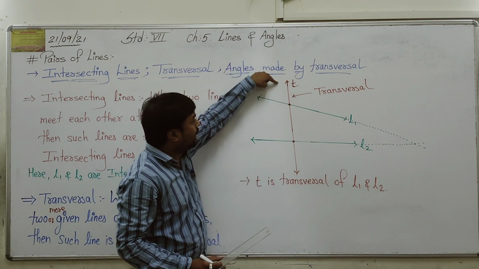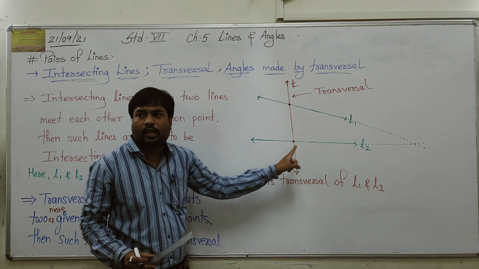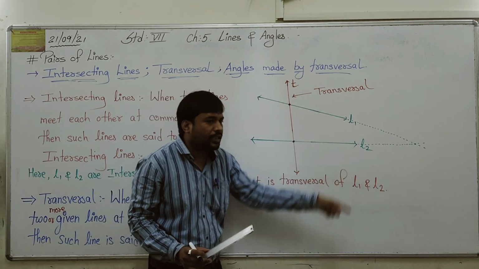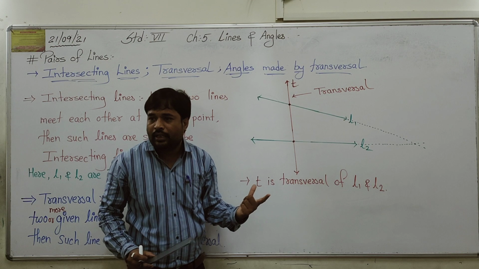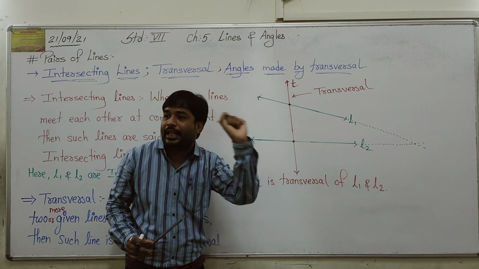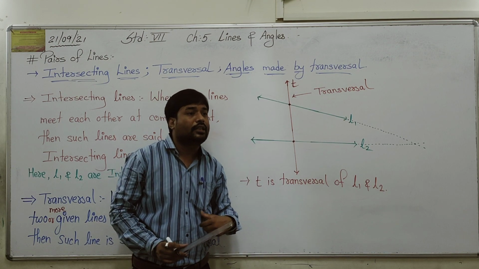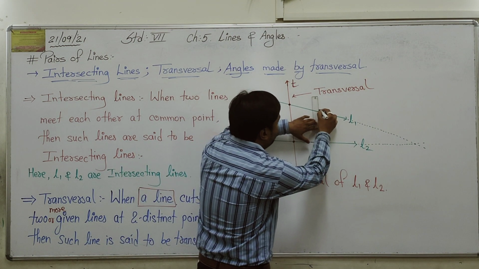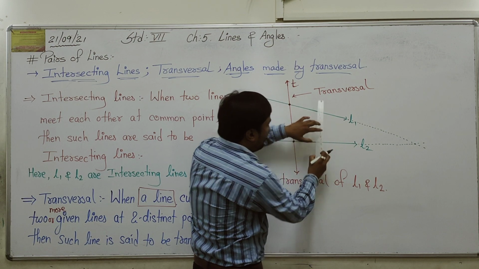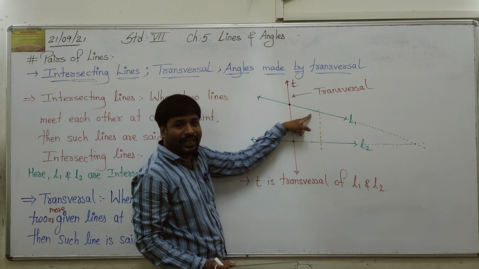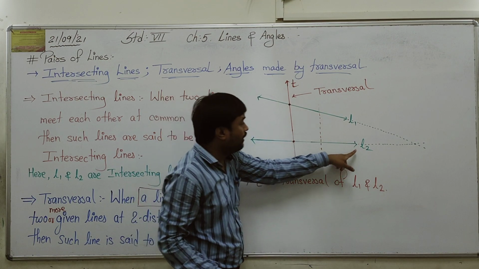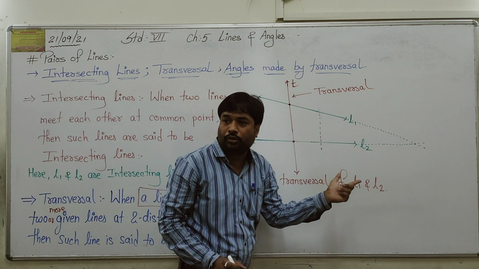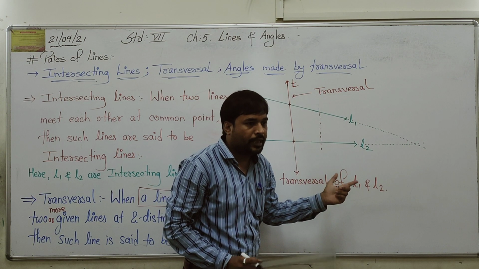That's why I can say that T is the transversal. If ABC were given instead of T, you should get the idea that two points should be visible on the line. If so, it becomes a transversal. Now if I draw another line like this, see, L1 is a transversal of that line. L2, yes, it will be a transversal, when I draw another line.